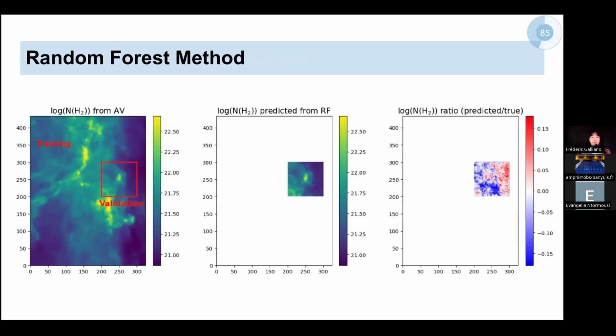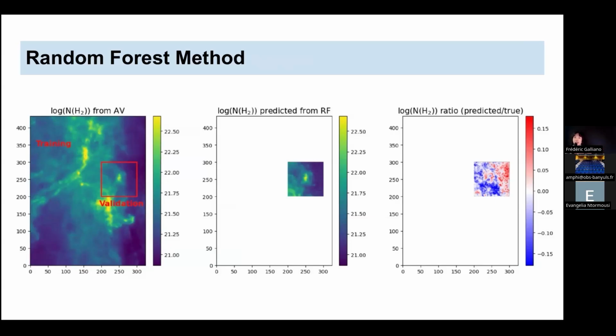To better predict the column density of H2, we use the random forest method. It is a supervised machine learning method that has many decision trees and combines them to get the final result for the column density. On the left, you can see that we use the whole image predicted from the dust as the reference, except the red square on the right, which is used as validation.